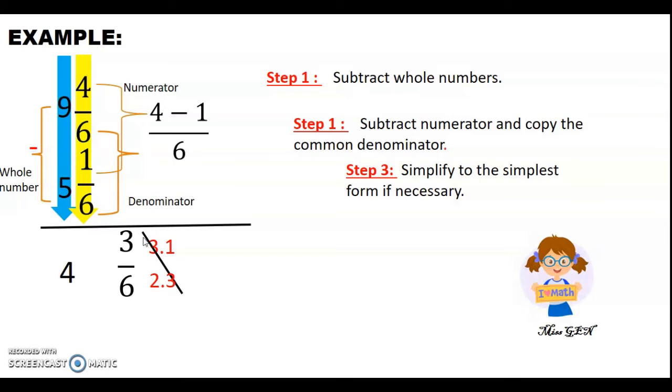So let's cancel out the common factors, and the factors left will be our fraction. So we have 1 as our numerator and 2 as our denominator. So our answer is 4 and 1/2. So this is our final answer.